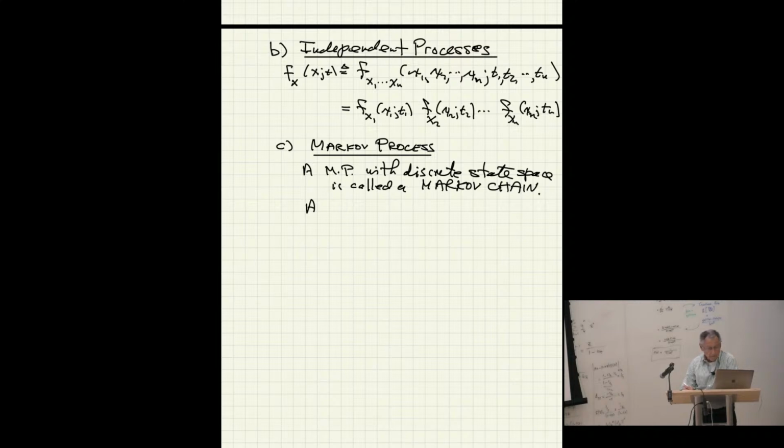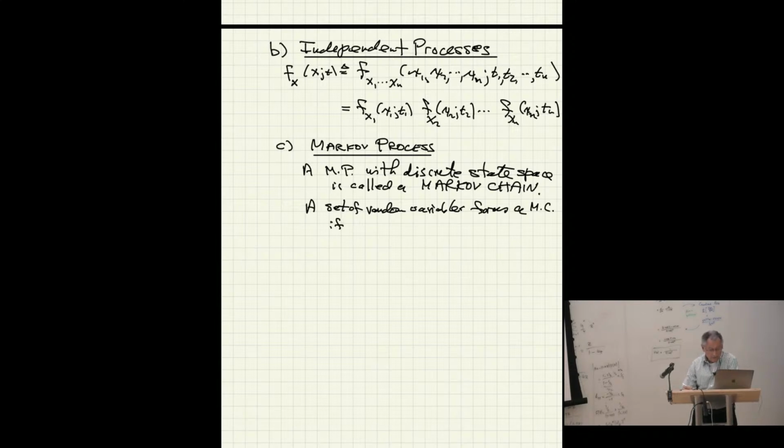A set of random variables, Xn, forms a Markov chain. I'll use MC for Markov chain.